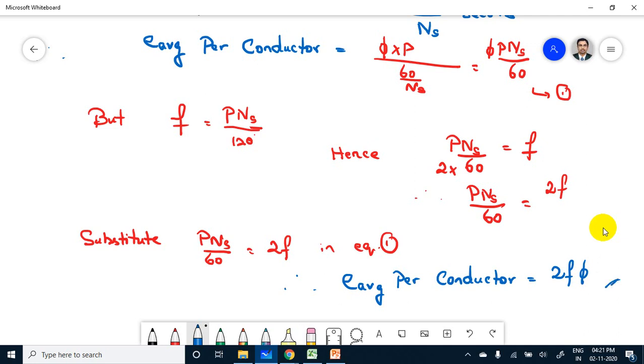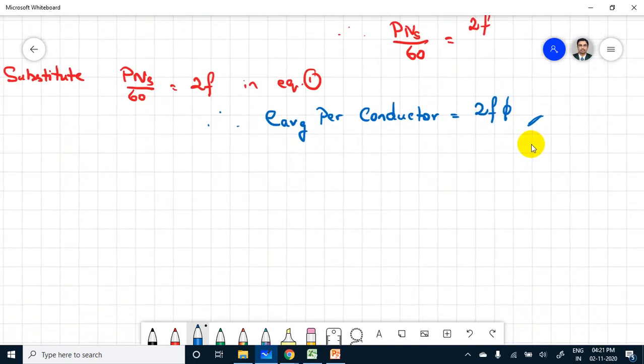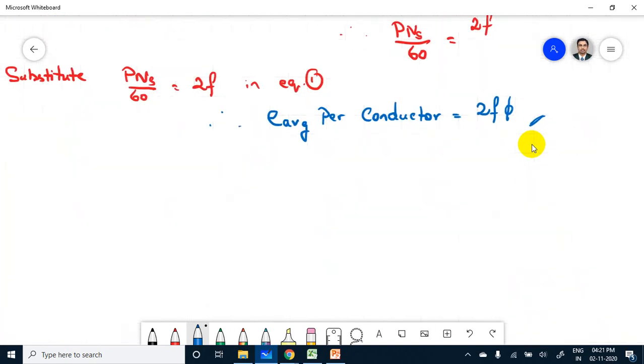So this is the EMF average per conductor.